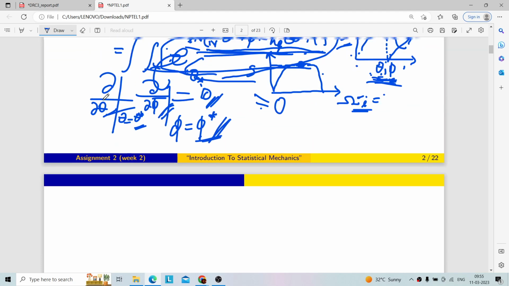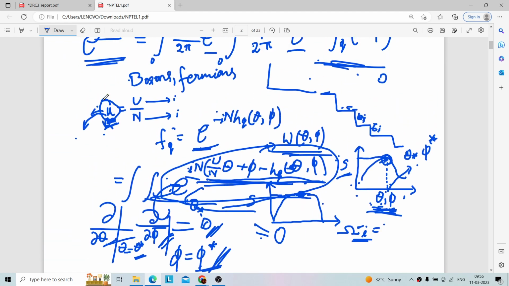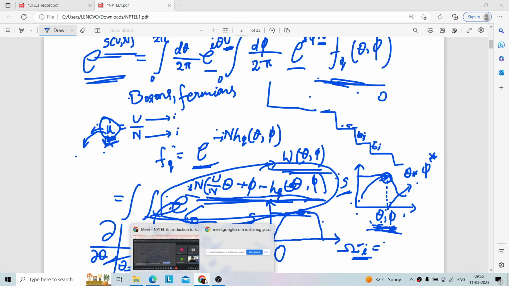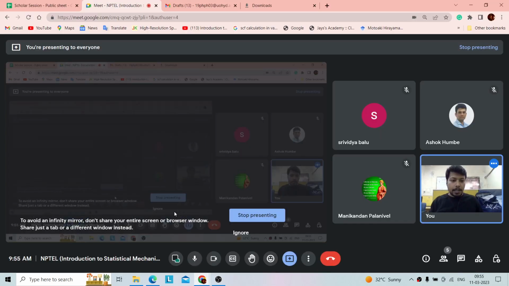are you guys following, or are you guys lost? I can make it simplified, what I'm trying to do. Actually, sir has told you to derive this saddle point. So have you tried, any of you? In the fifth lecture, he has told you to derive this, applying this saddle point method.